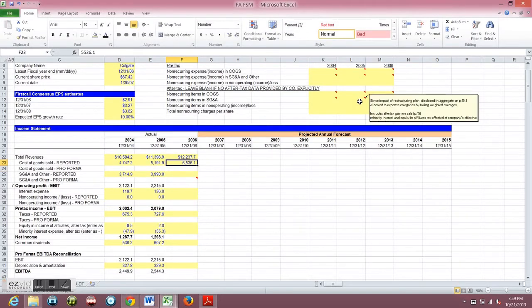For example, the overhead and the raw materials and everything like that is going to be counted into the cost of goods sold. Now, the cost of goods sold is also a good place to hide non-recurring items, so we're going to look into that later on in the workshops. That's why we have a reported and pro forma. We're going to take a normalized cost of goods sold later on in the workshops and lay it out over here, but we're not going to worry about the pro forma lines right now.